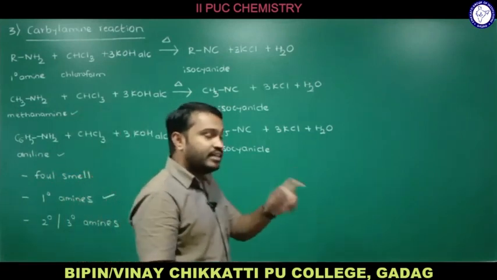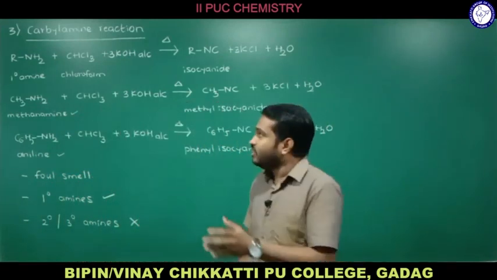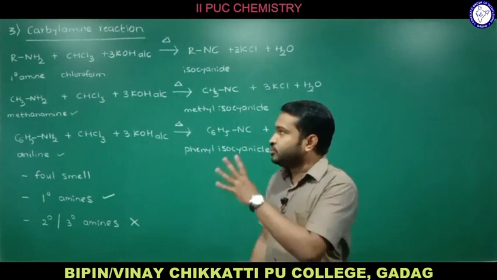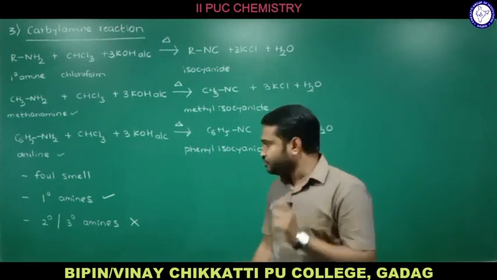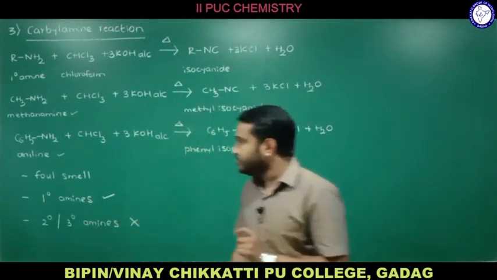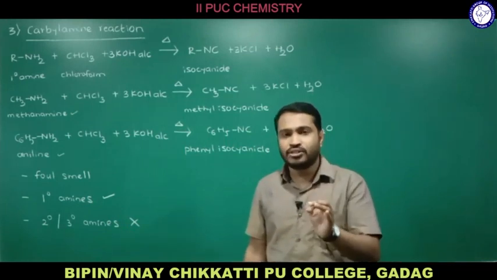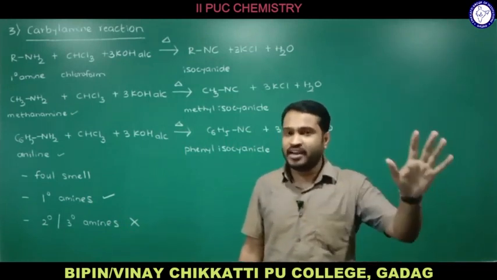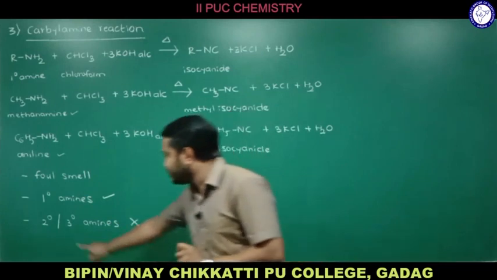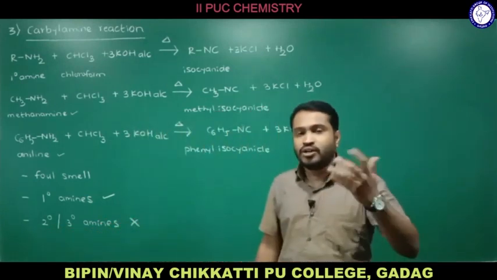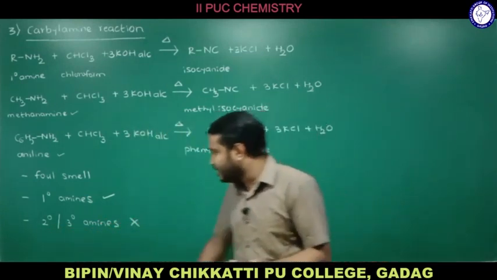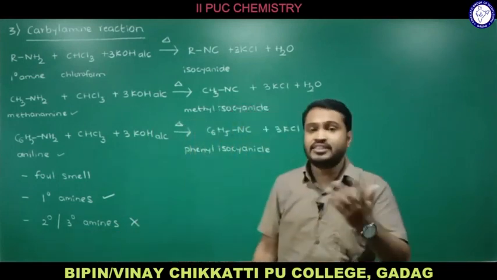And you need to know the reason behind that, why only primary amines give a positive test for the carbylamine reaction. As we know, in primary amines, only one hydrogen of ammonia is replaced by either alkyl or aryl. In a secondary amine, we have two alkyl or aryl groups. In tertiary amines, we have three alkyl groups.